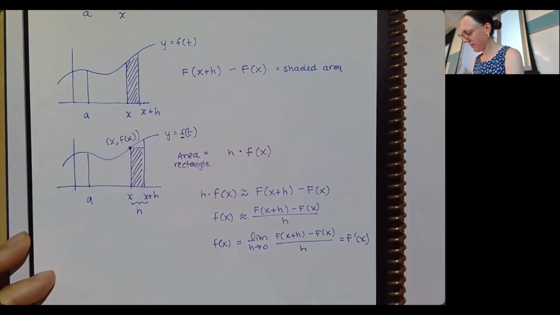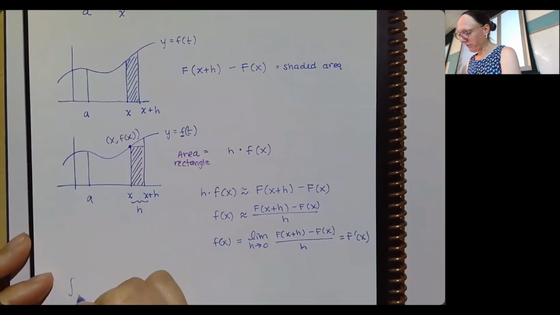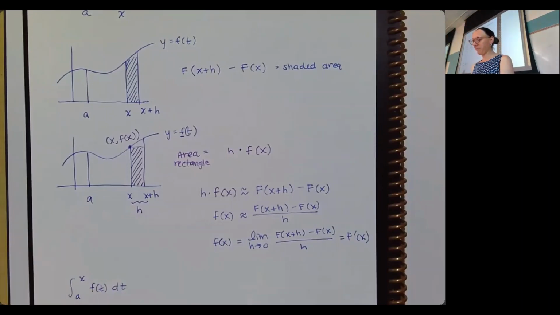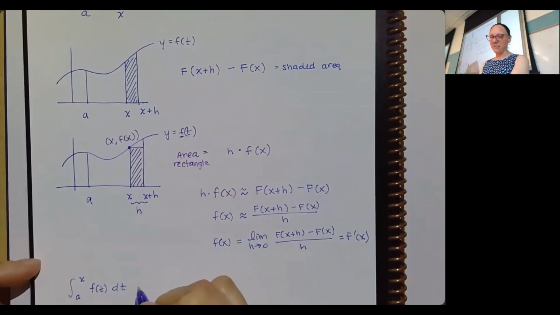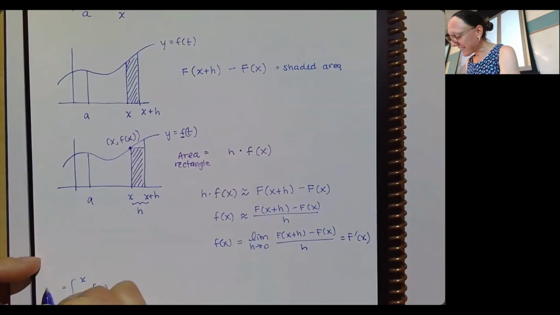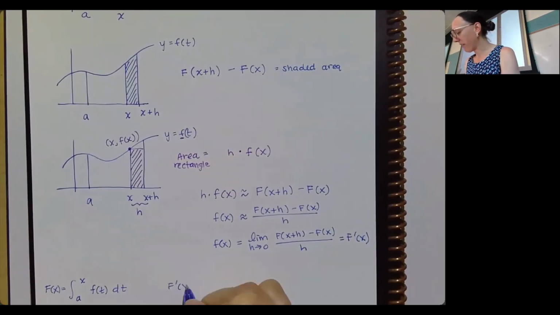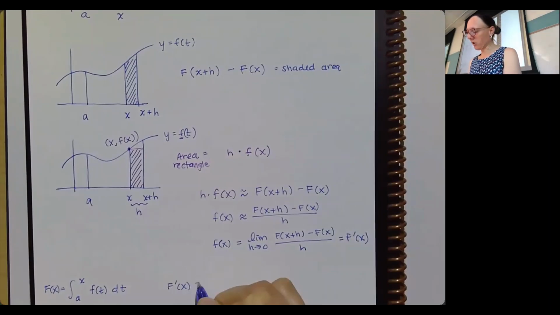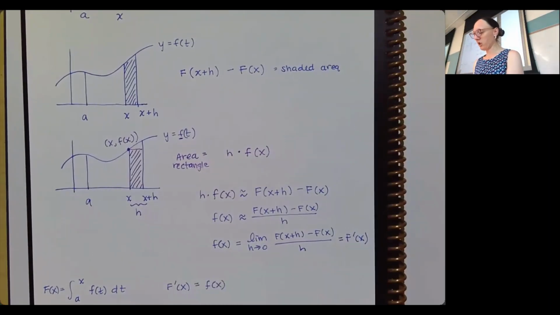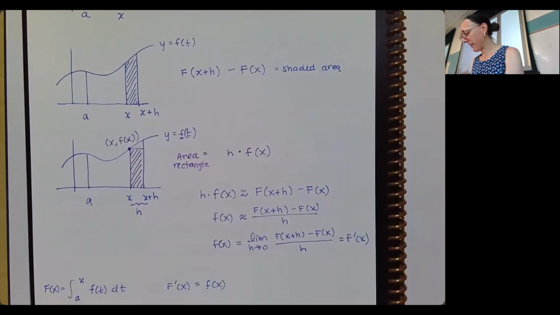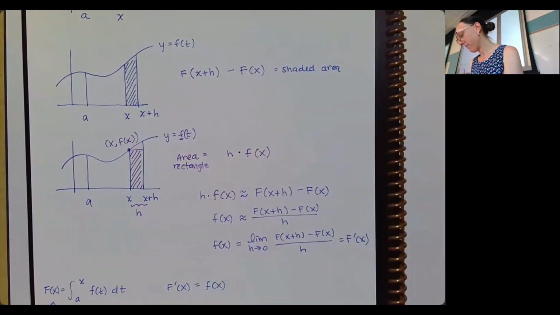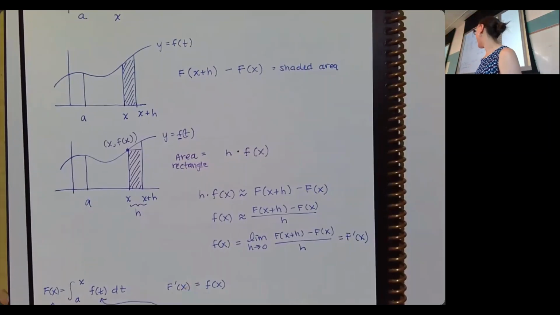If I write the integral from a to x of f of t dt, then this is some function of x, and the relationship here is that f prime of x is equal to little f of x, which means that is the antiderivative of that thing on the inside.